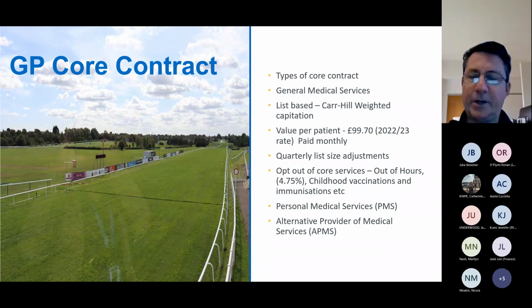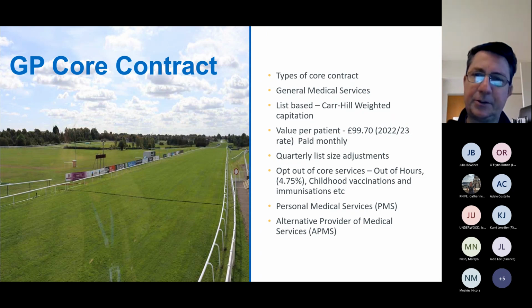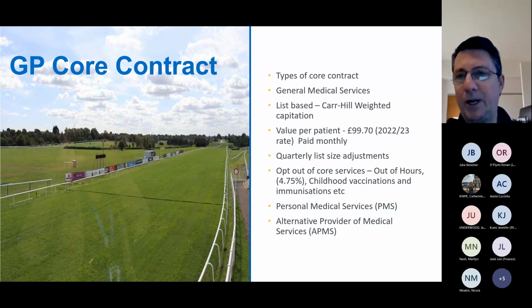So there are different things that go into the Carr-Hill formula. If you've got a list size of 10,000 and your age and morbidity, and if you're in a poor area, then that Carr-Hill weighted capitation might push you up to say 10,500 or maybe even 11,000 patients, and that will obviously give you more funding over some of the other practices that maybe have a different age range or are in a different area.